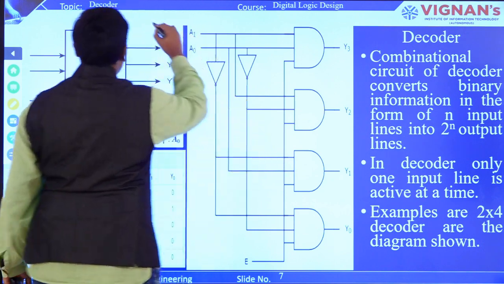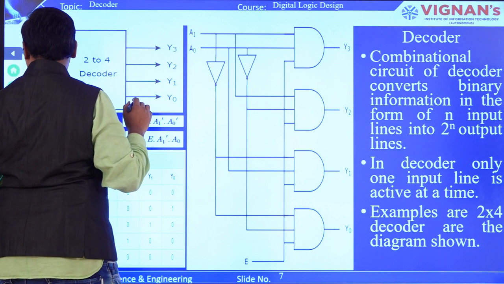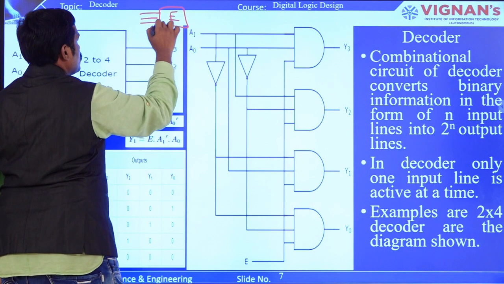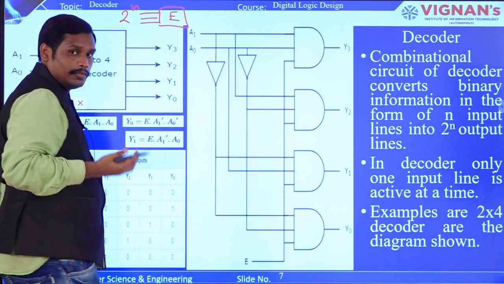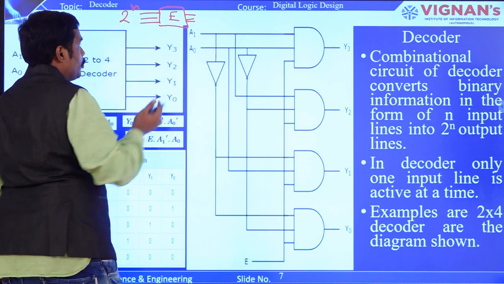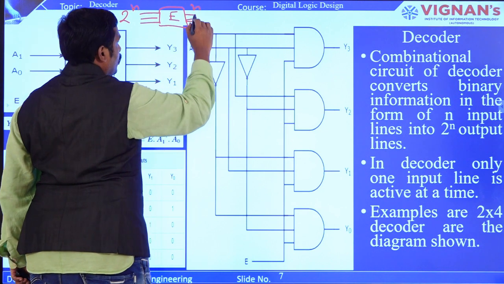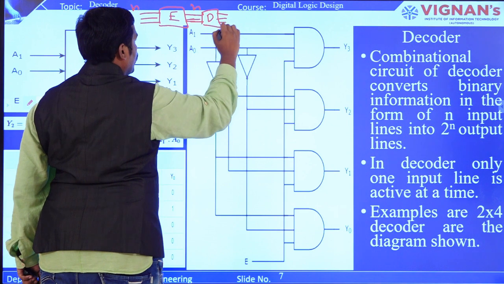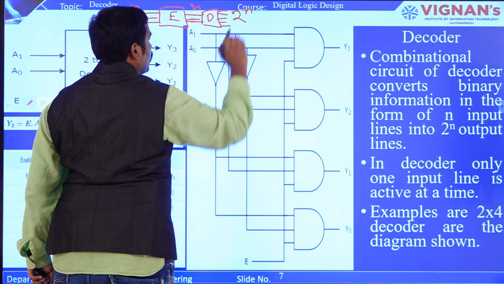You can see a block diagram for the encoder, where 2 power n bits are given as an input to the encoder, and from that you are going to get n outputs, and that output is given to the decoder and you will get back 2 power n bits.